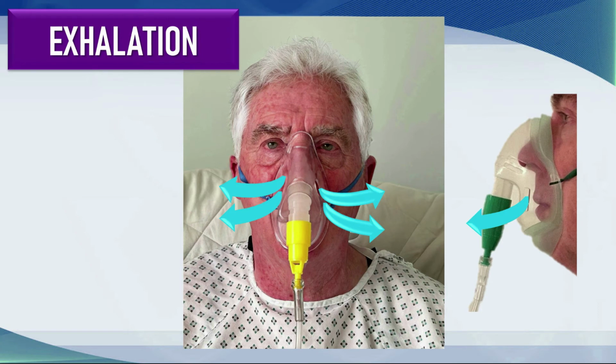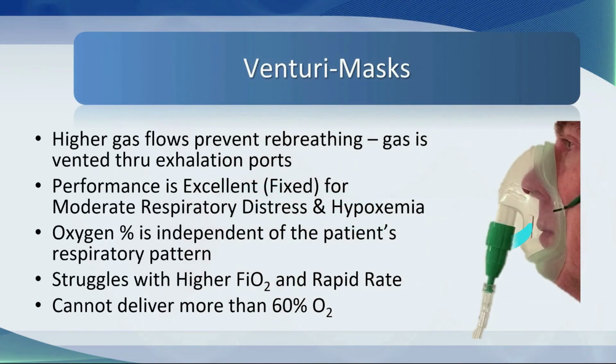As I said, 50 liters are going through with 2 liters on the flow meter, which means that the chances of the patient rebreathing carbon dioxide is extremely low in patients who have Venturi masks. So high gas flows prevent rebreathing and gas is vented through the exhalation ports.